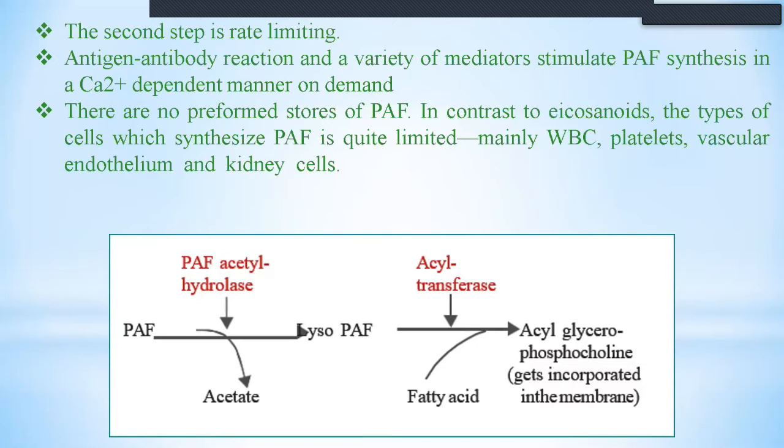Of course, they are produced as and when required. In contrast to eicosanoids, the types of cells which synthesize PAF are quite limited, mainly WBCs, platelets, vascular endothelium, and kidney cells. So it is produced in limited places but has very important biological activity.